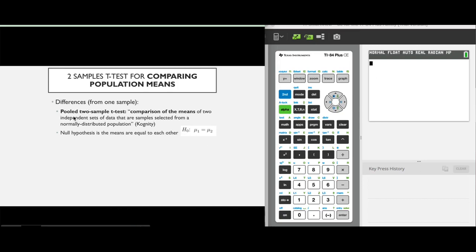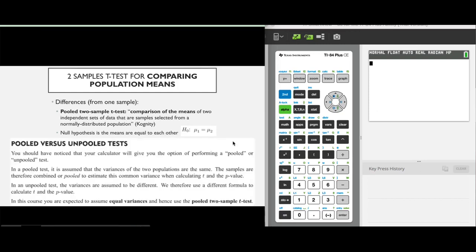Every time you're doing a two-sample t-test, we will always have to tell our calculator that we are doing a pooled t-test. What's the difference between pooled versus unpooled? Well, if you would be interested in knowing, you should have noticed that your calculator has a difference.